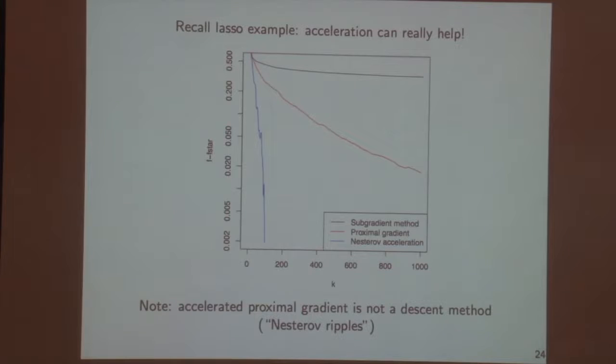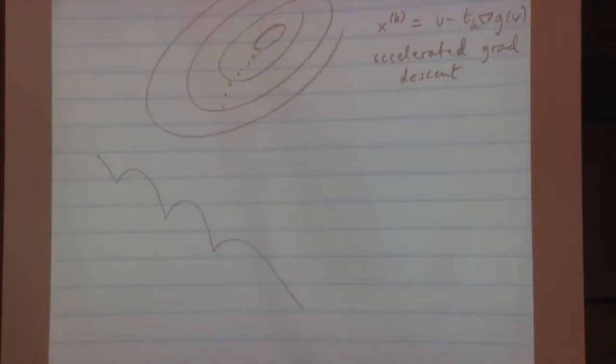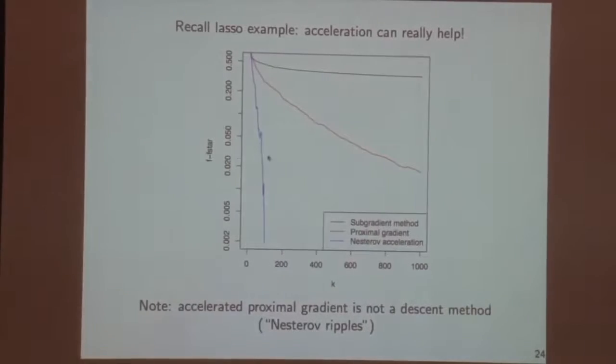I'm trying to emphasize that it's not a descent method. Acceleration does not guarantee that we descend the criterion at every iteration, unlike proximal gradient descent, which we know does. So you shouldn't be surprised if you apply acceleration and see something like this. On your homework, you're going to be implementing acceleration for a similar problem, and you're going to try to recreate a picture like this.